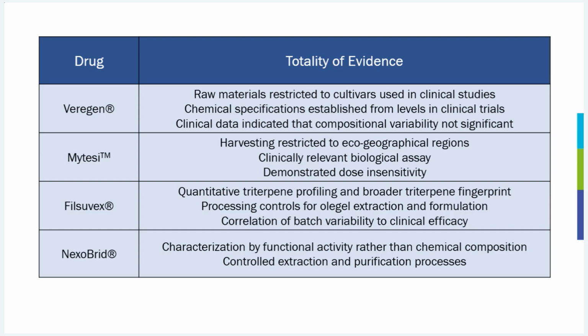And then the last one, again, it was characterization by functional activity, which is a biological assay rather than chemical composition. And then they had some controls on their extraction and purification process. This last one was the biologic, so that's a little bit different of a pathway.